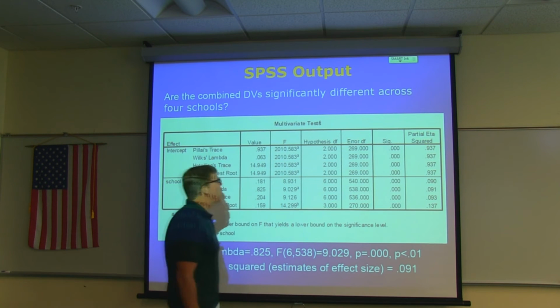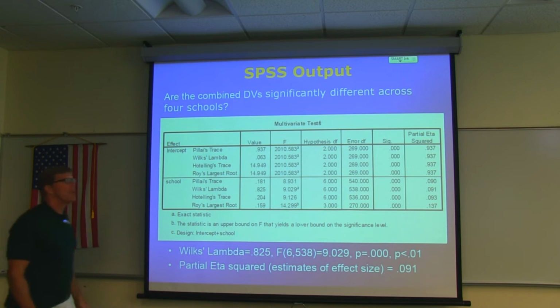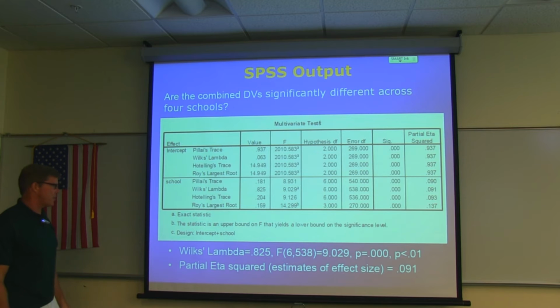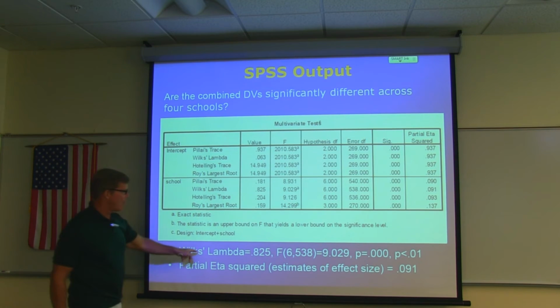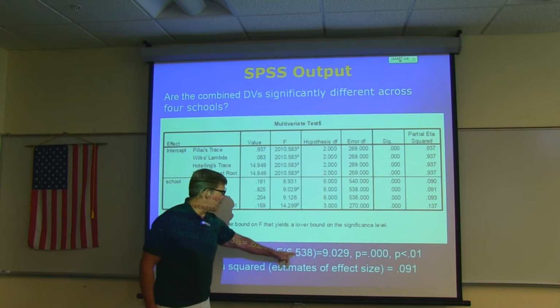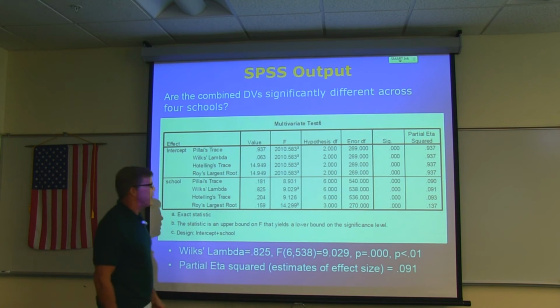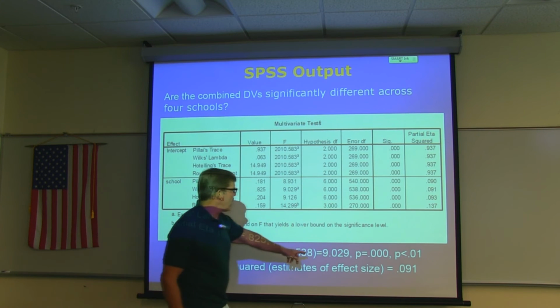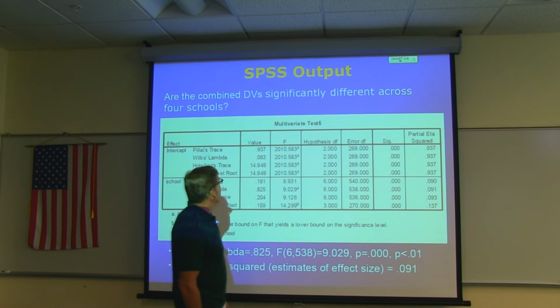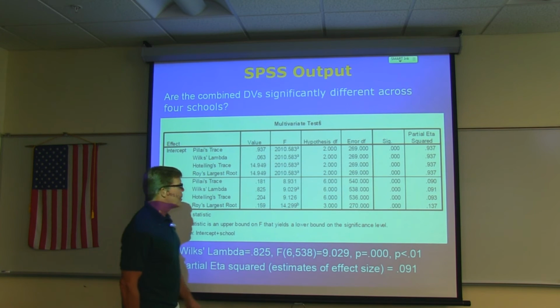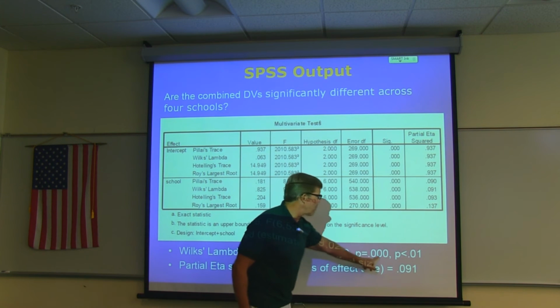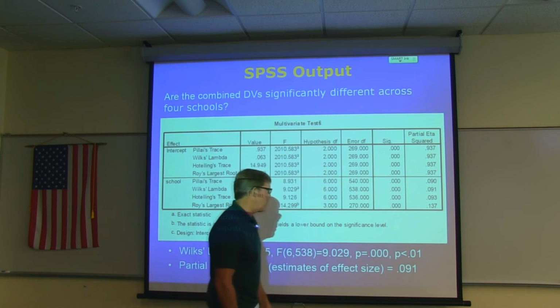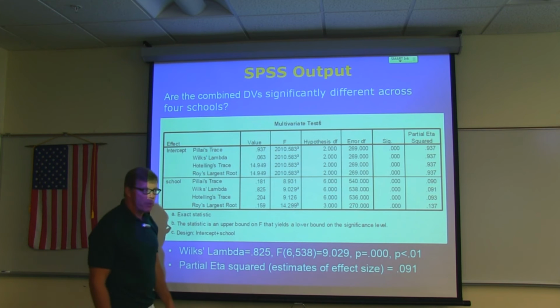We have overall omnibus MANOVA F significance. And look at the notation. At 6 and 538 degrees of freedom, F is 9.029. P is very, very small. It's less than an alpha of 0.1, and we rejected the null.